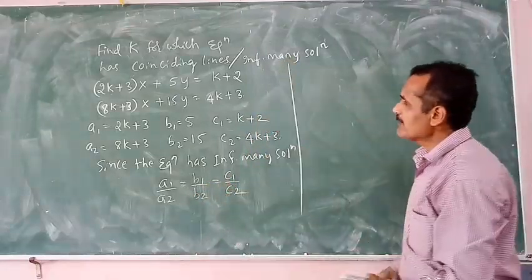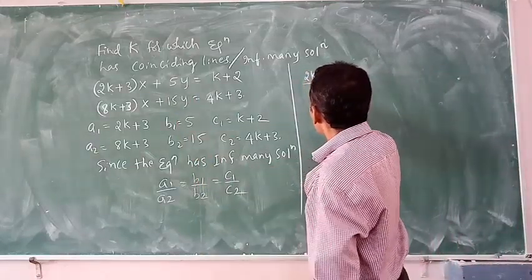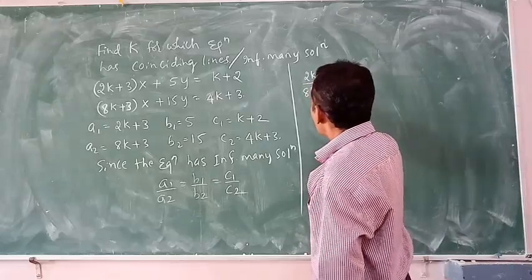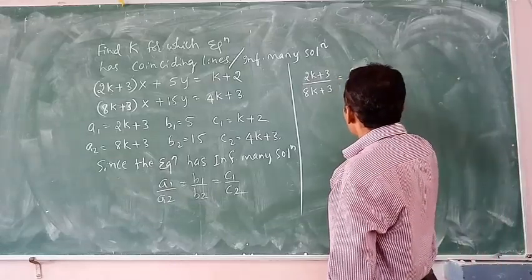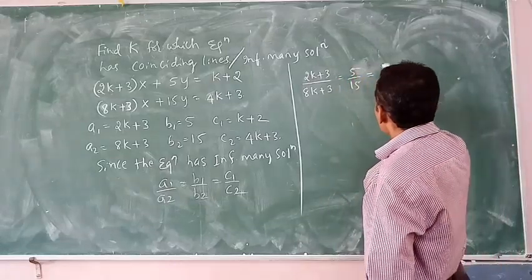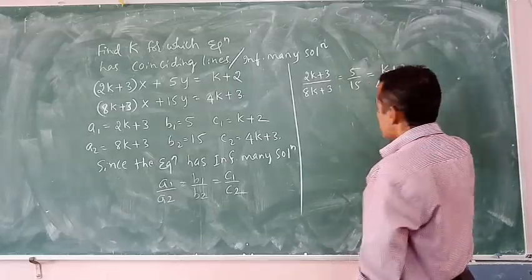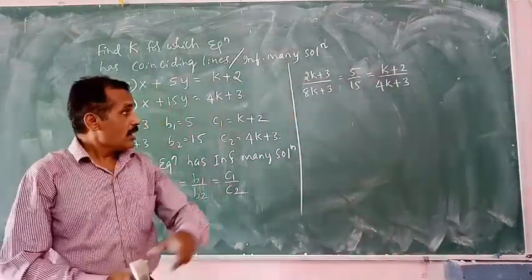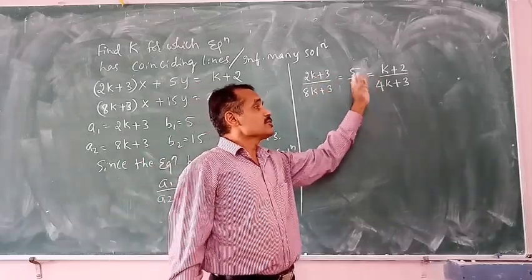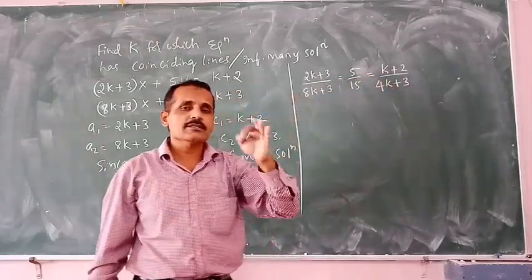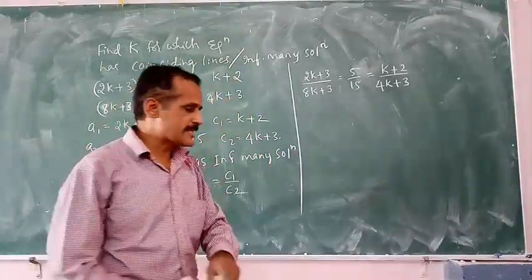Let me substitute: 2k plus 3 divided by 8k plus 3 is equal to 5 by 15 is equal to k plus 2 divided by 4k plus 3. Now, either I can use these two sets to find the value of k, or I can use these two. In both cases, I must get the same answer. I will verify both, but you can do only one in the examination.